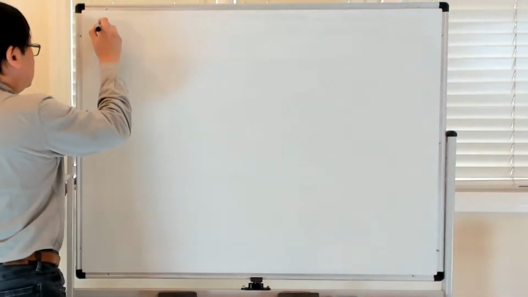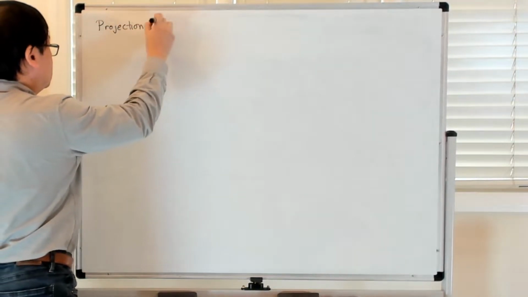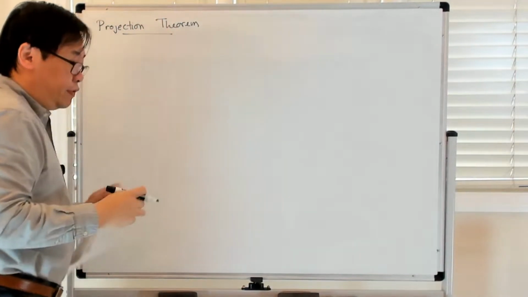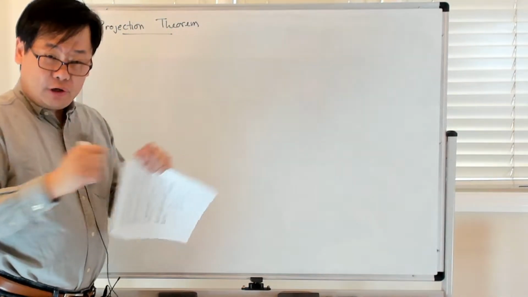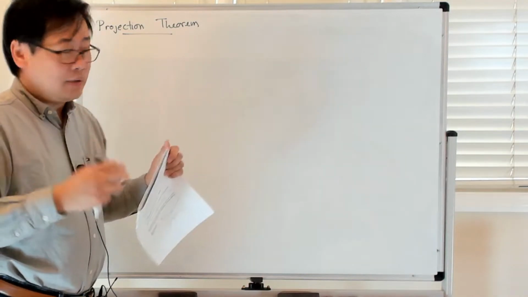All right, so now I'm going to talk about the projection theorem. So previously we've been looking at the use of divergences to measure something like a distance between 2 points on a manifold.